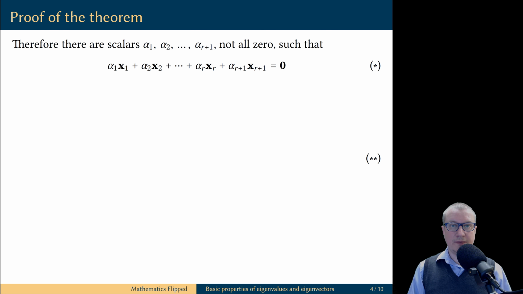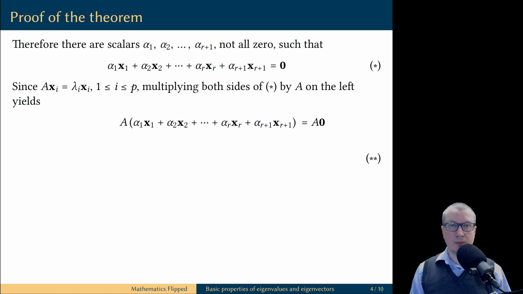So the set of eigenvectors x1 through xr plus 1 is linearly dependent. This means there is a non-trivial relation of linear dependence on this set, and we create such a non-trivial relation.